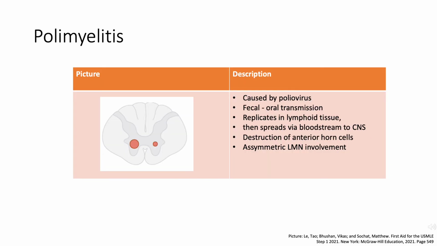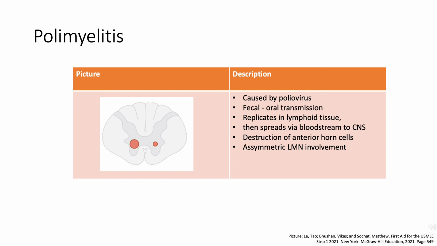Poliomyelitis is an infectious disease. It is caused by the poliovirus. The transmission is fecal-oral. That means that an infected person excretes the virus in their feces. Then the feces contaminate water or food you drink or eat, and then you are infected yourself.